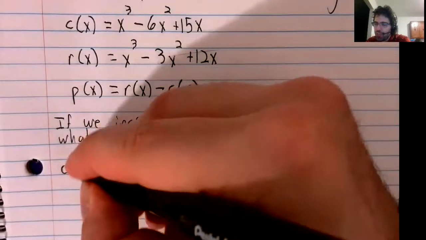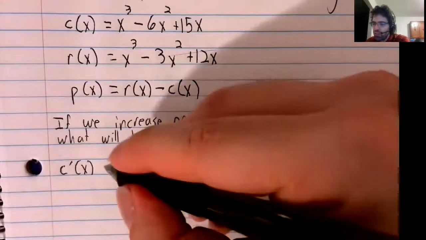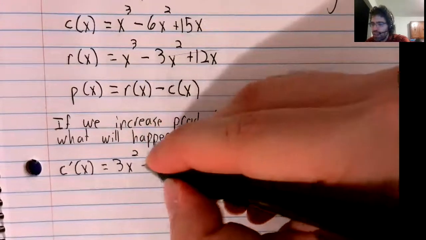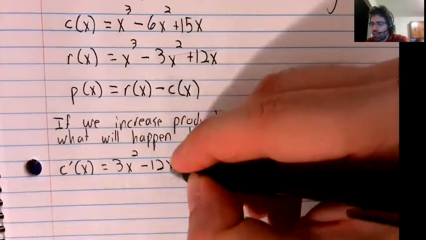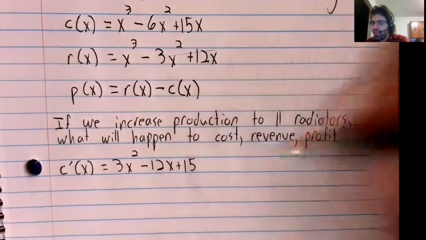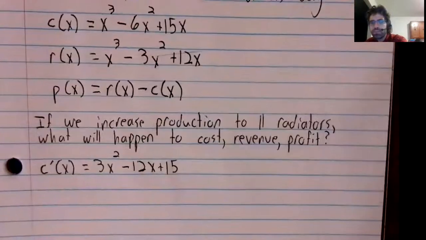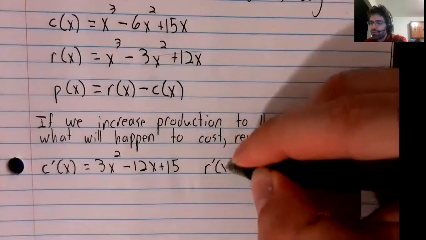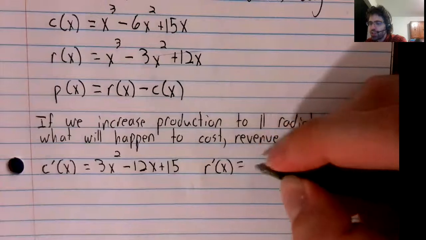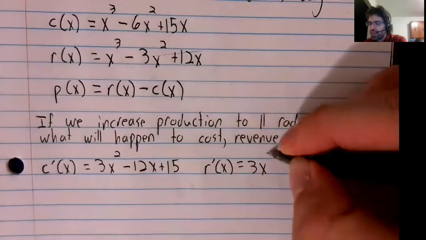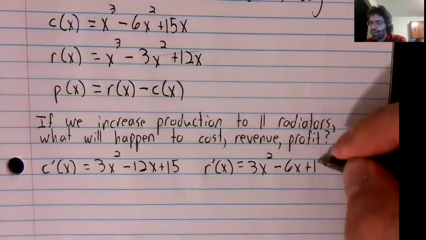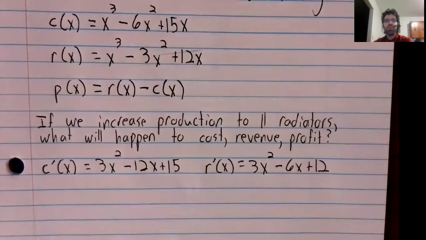We'll take the derivative of the cost function, 3x squared minus 12x plus 15. And we'll take the derivative of the revenue function, 3x squared minus 6x plus 12. We'll look at profit in a moment.